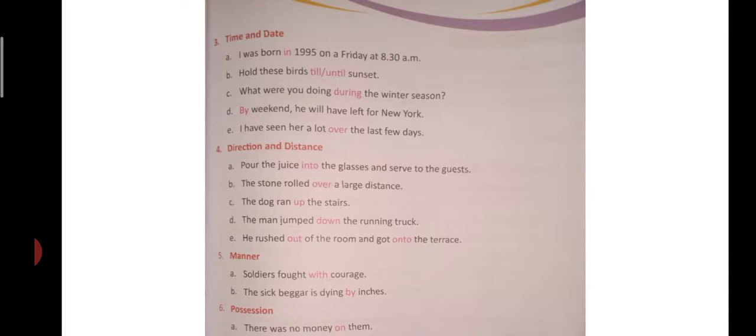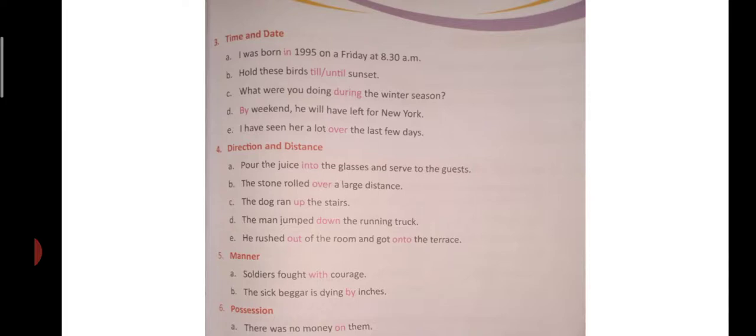In 1995. Hold the birds till or until sunset. What were you doing during the winter season? By weekend. And the last: I have seen her a lot over the last few days. These all are prepositions of time and date.